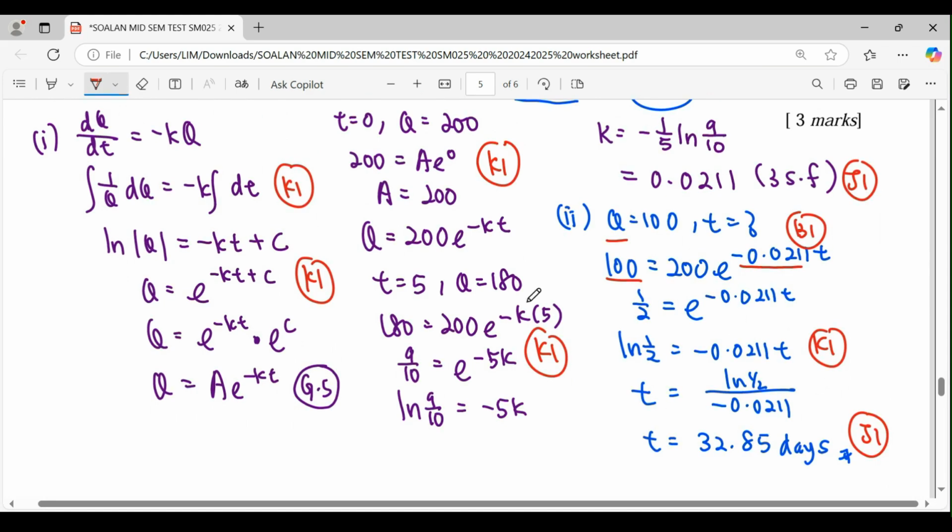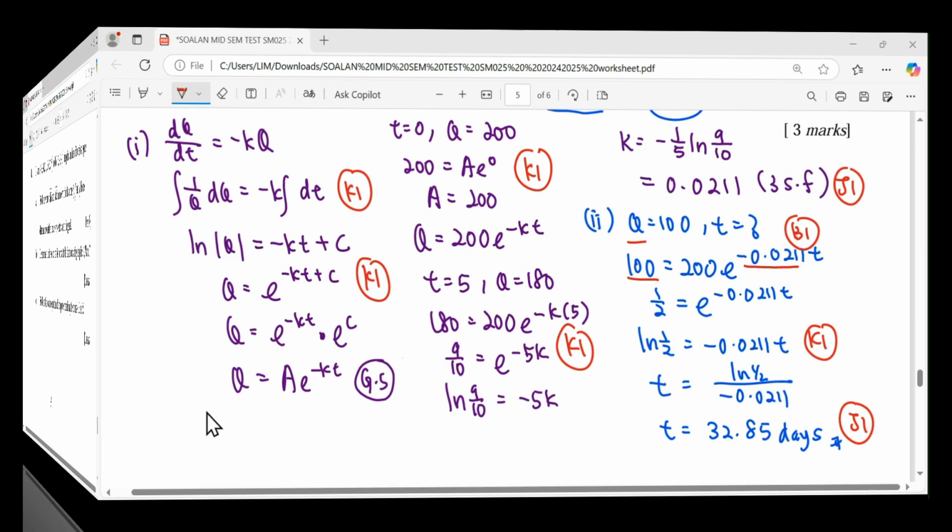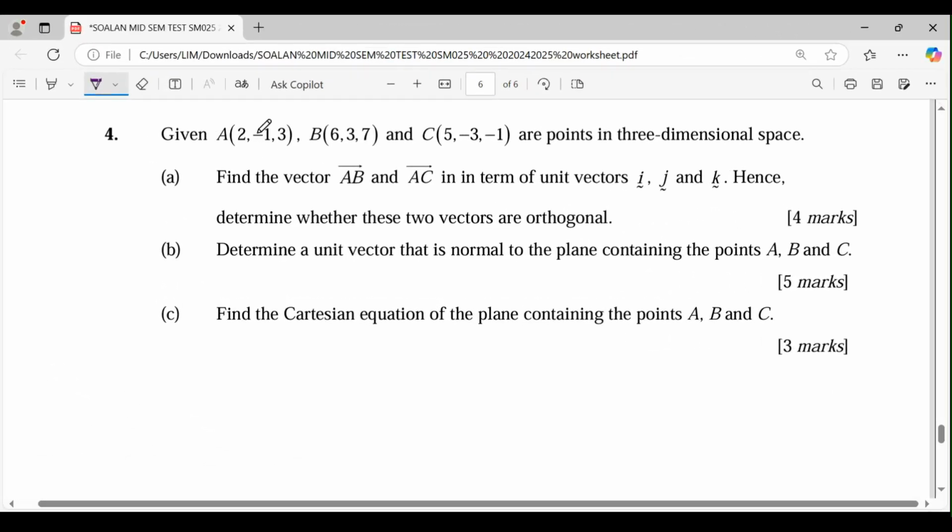We continue to our question 4. So for question 4, they're given here 3 points. Find the vector from A to B and vector A to C in the unit of i, j, k. Hence determine whether these two vectors are orthogonal.